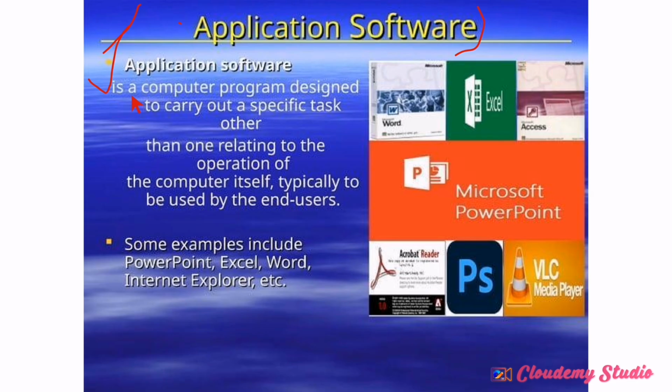An application software is a computer program designed to carry out a specific task other than one relating to the operation of the computer itself, typically to be used by the end users. So who are the end users? The end users are like you and me. We are the end users of the application software.